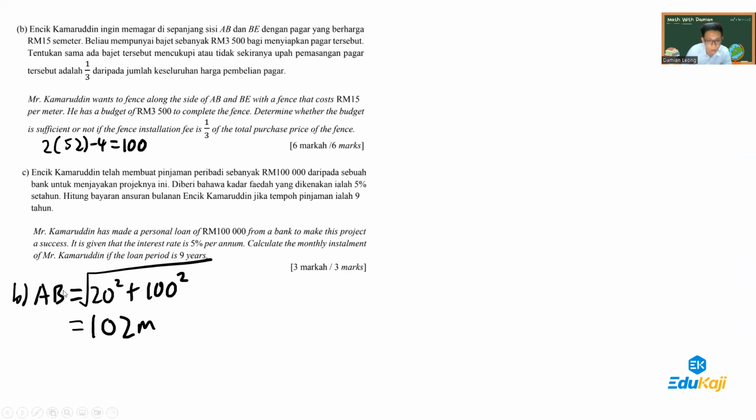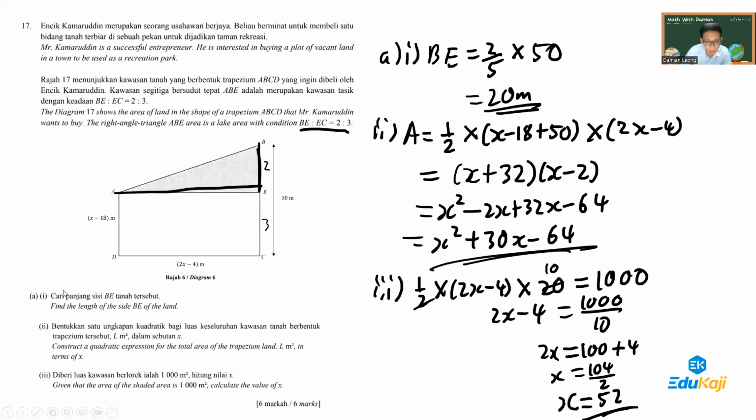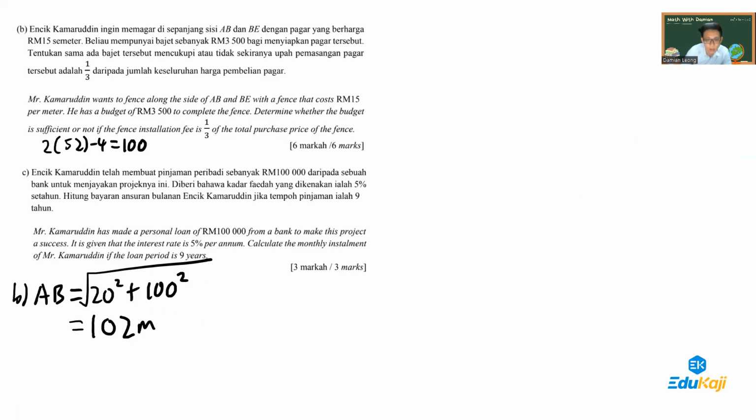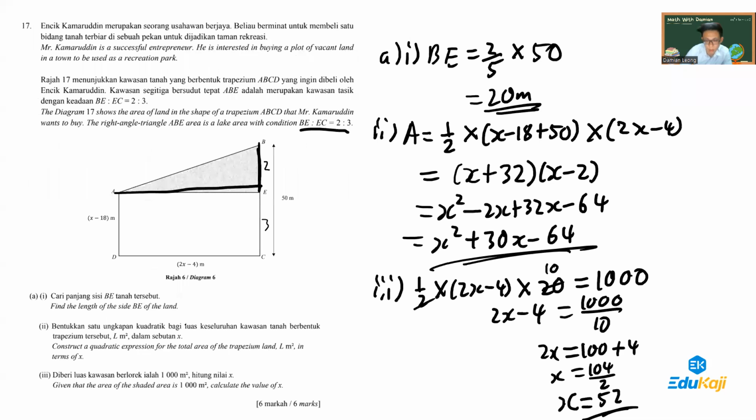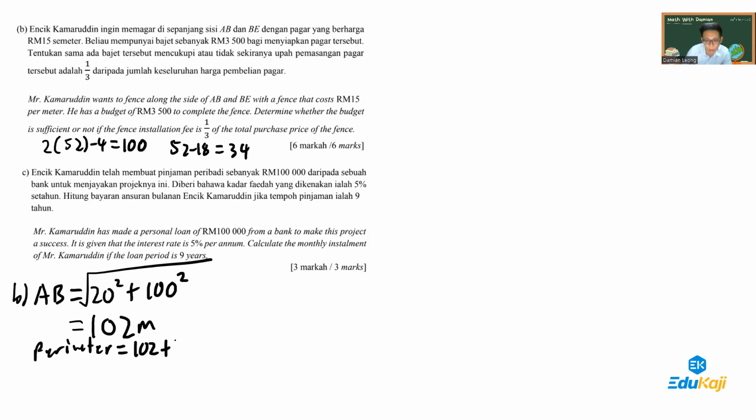Meters. Then x minus 18 means 52 minus 18. 34. So find the parameter first. 102 plus 34 plus 100 plus 50.